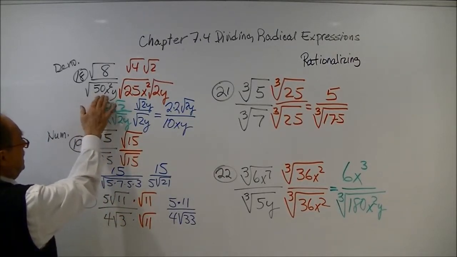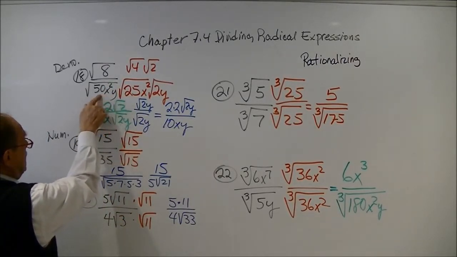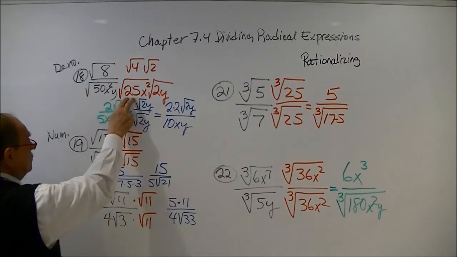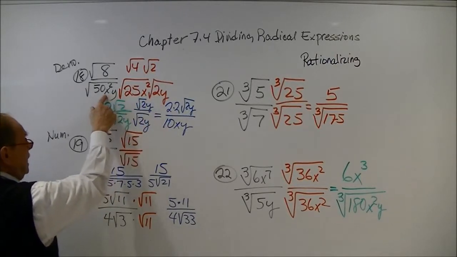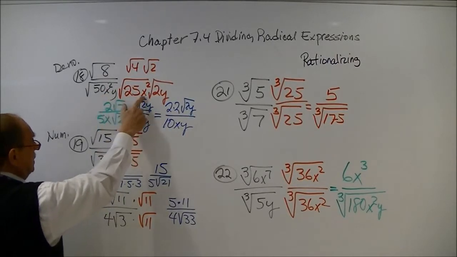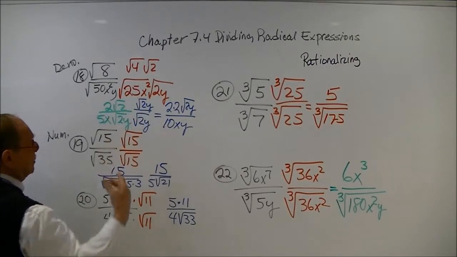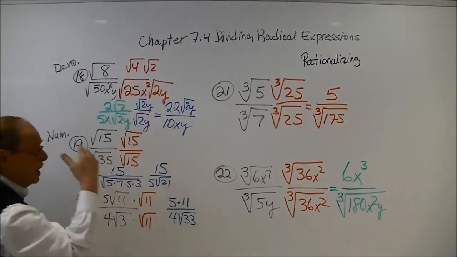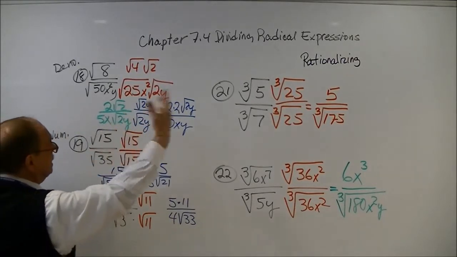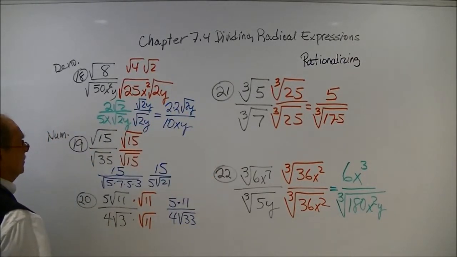As we see 50x squared y, I see in 50 a perfect square factor of 25 times 2. And x squared is a perfect square, so I put that under a radical sign. Now again, you may not write this step in red. You may be able to mentally go ahead and do it.